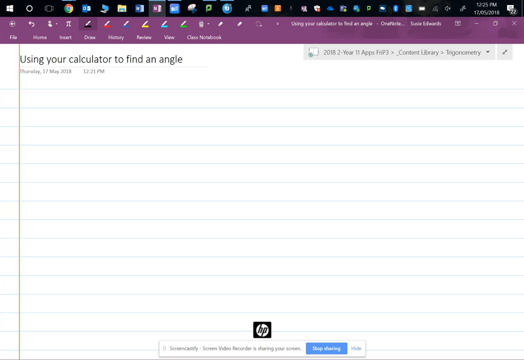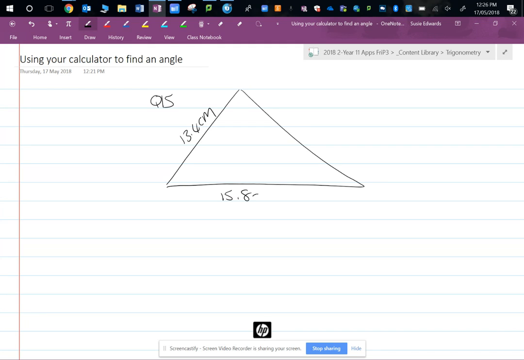I'm going to show you, using the example of question 15. It's 13.4 centimetres and 15.8 centimetres, and it says the area is 97.4 centimetres squared, and we're trying to find this angle. Given that we have two sides and the angle in between, we're going to use our formula.